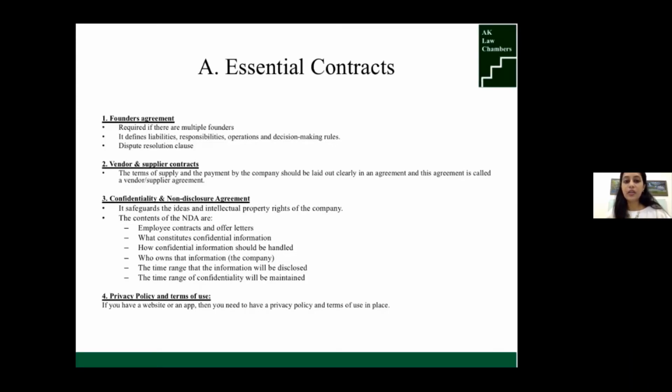Then the other clauses would be how you run the operations of the company, and indemnity and dispute resolution clause. The dispute clause, according to me, is more important than the rest of the agreement, because you would want the seat of your dispute, either an arbitration or the court if you're going for a civil dispute, to be at a place that's comfortable to you.